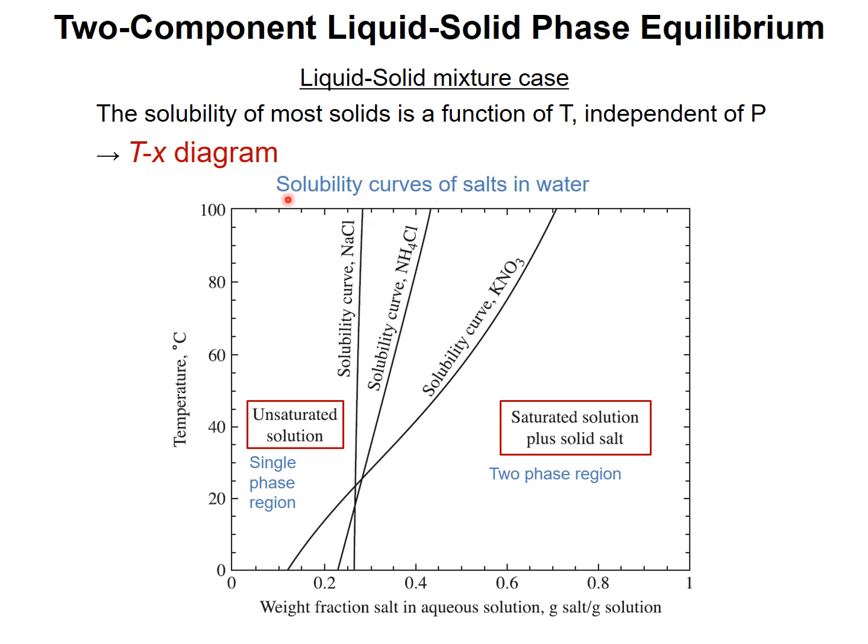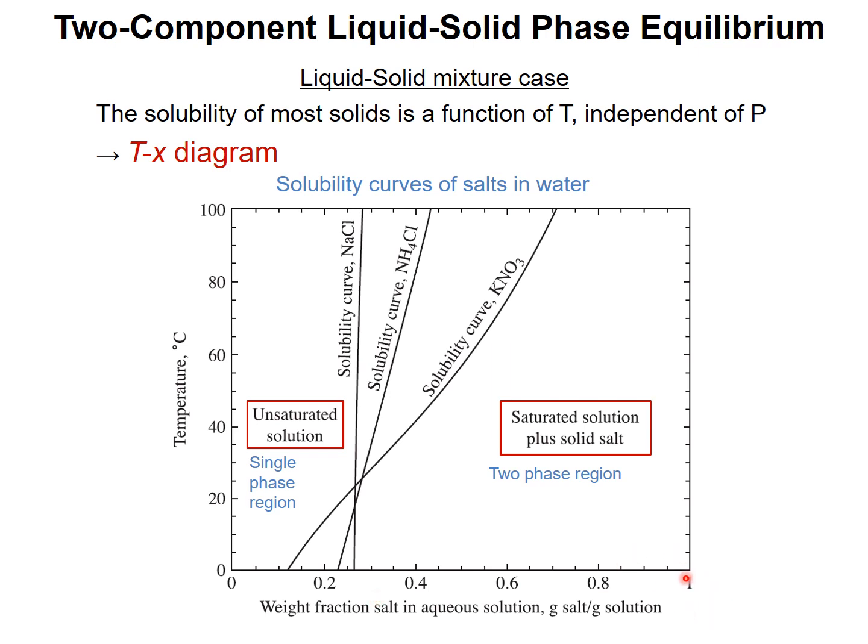So here, solubility curves of several salts in water are presented. The X-axis is the weight fraction of salt in aqueous solution. So the unit of which is gram salt per gram solution, from 0 to 1. 0 indicates no salt in water.